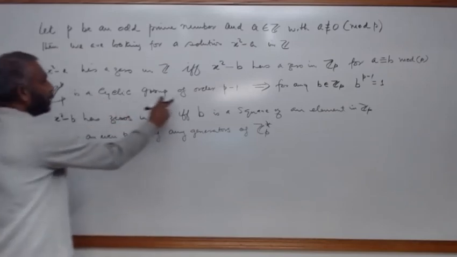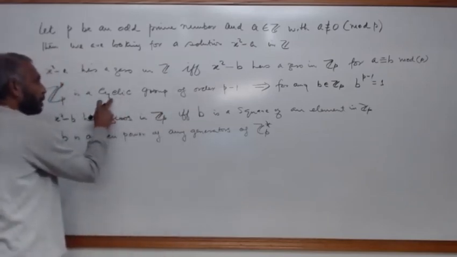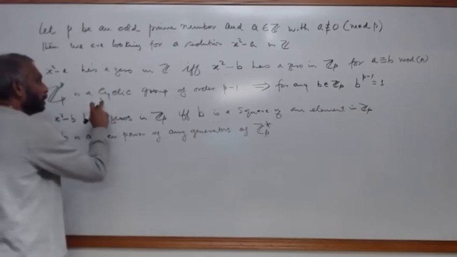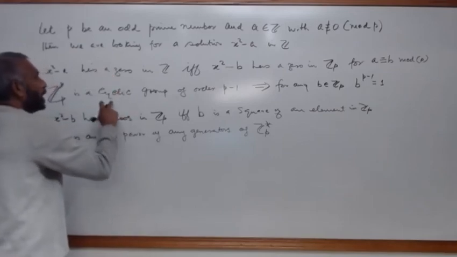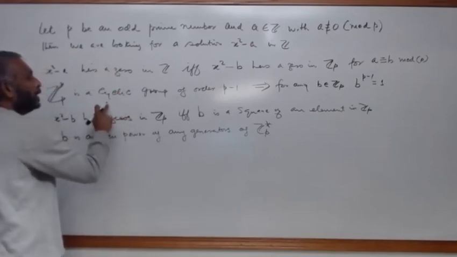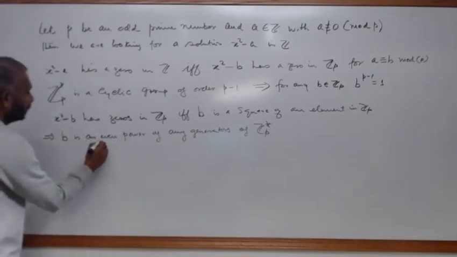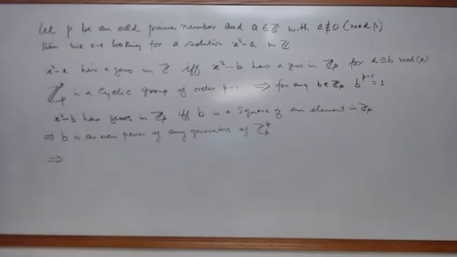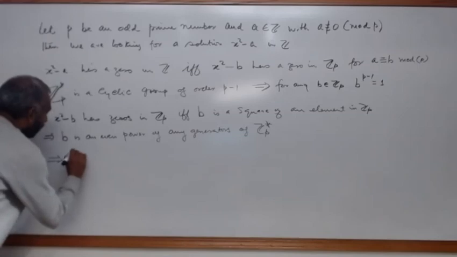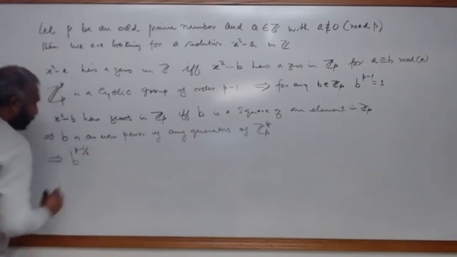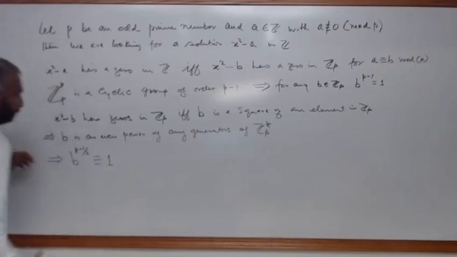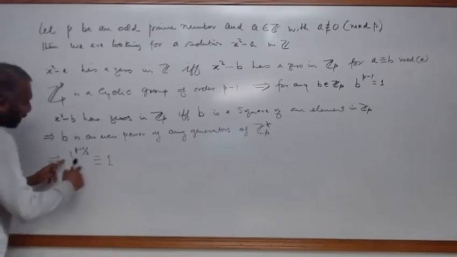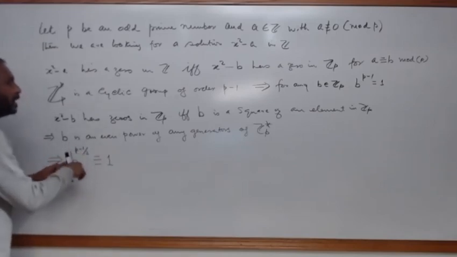See, Zp star is a cyclic group, so it has a generator. So if an element has to have a square root, that generator has to be an even power. And what does that mean? That means b to the power of p minus 1 by 2 is congruent to 1. Then only if you take the power, it is still b in Zp.